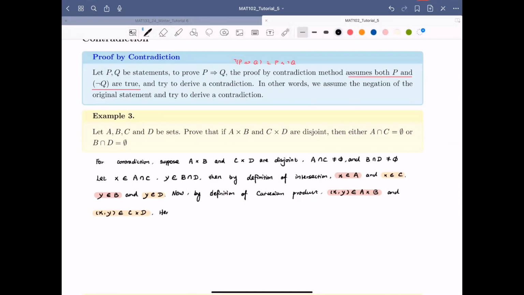Means X, Y is in A Cartesian product B intersect C Cartesian product D. Because this element is in both of them. Okay, that means it's in the intersection, which contradicts what we said before, that they're disjoint.